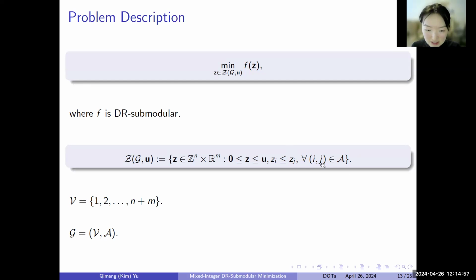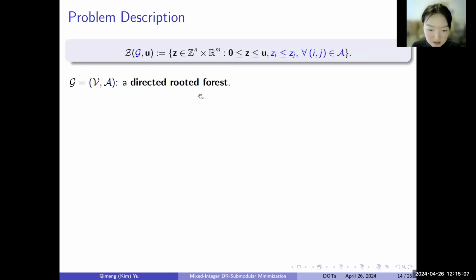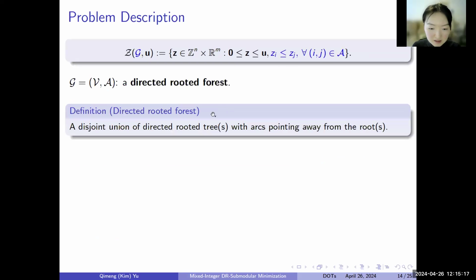Every arc ij in A gives us a monotonicity constraint Zi less than or equal to Zj. Now let's zoom in on the part that concerns the monotonicity constraints. In particular, the Gs are directed rooted forests. By that I mean G is a disjoint union of directed rooted trees.